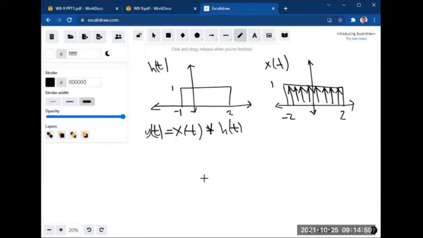Okay. Then let's start from -2. Height of 1. So this is for our input signal. So for every input signal, of course, there will be an impulse response.